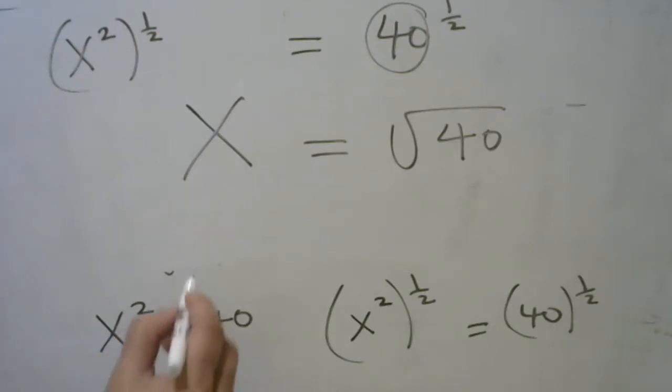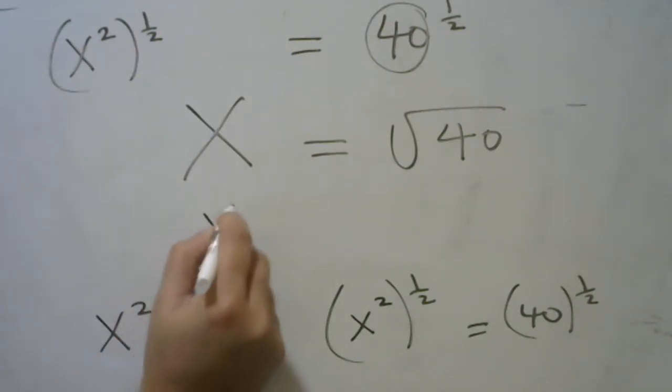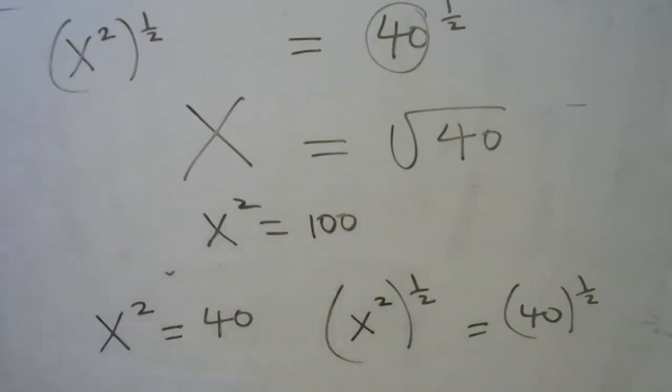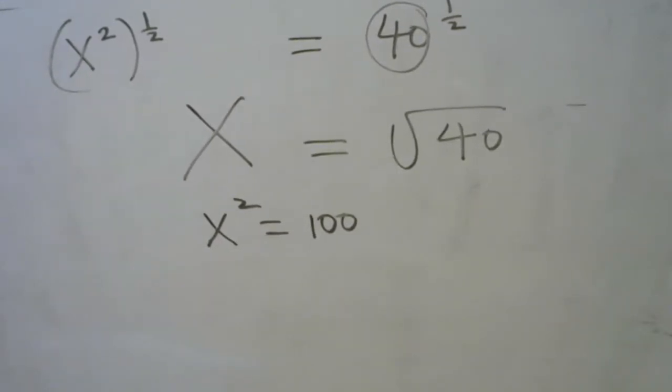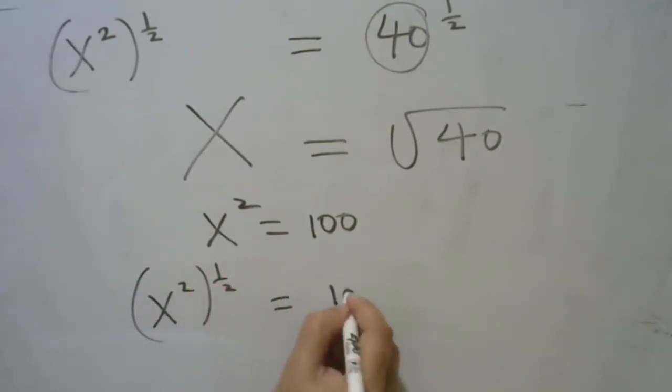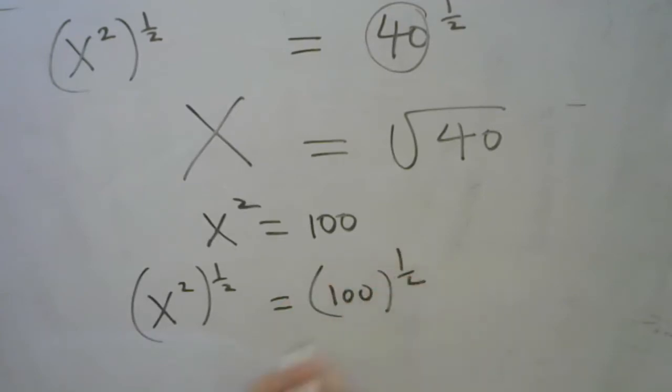Similarly, x squared is equal to 100. What that means, you want to find x. So you say x squared to the half is equal to 100 to the half. This becomes x.